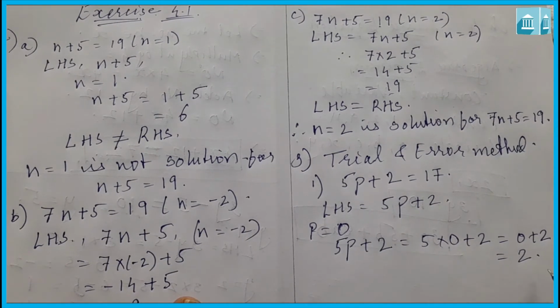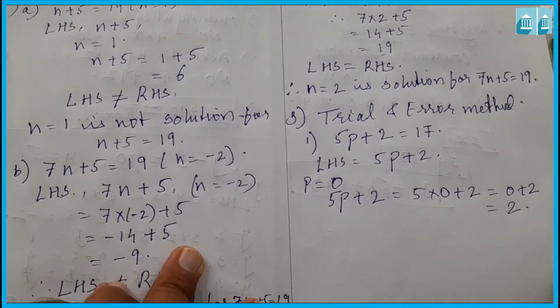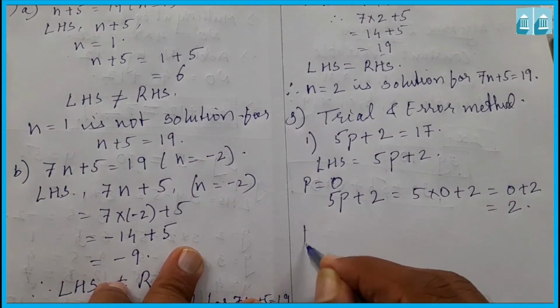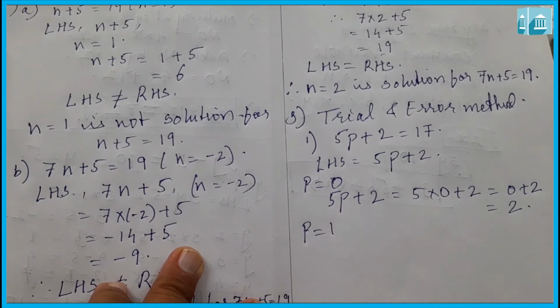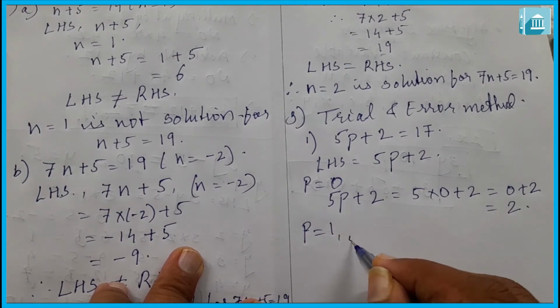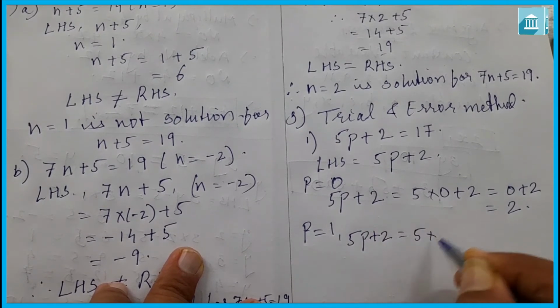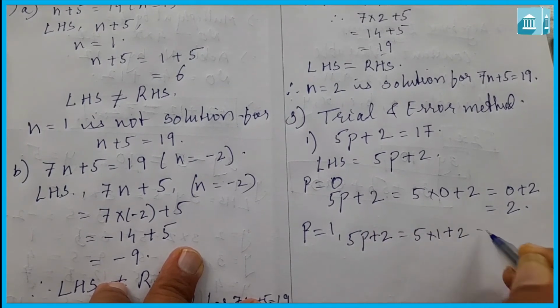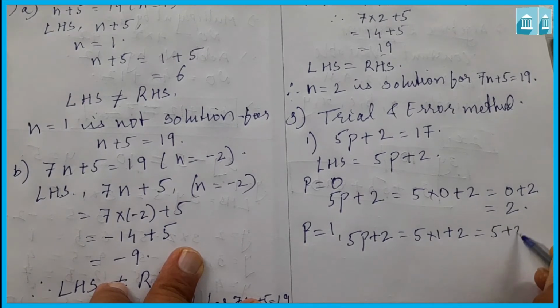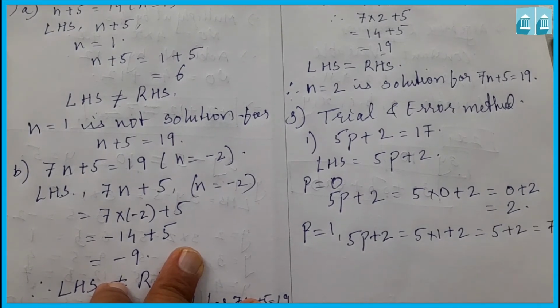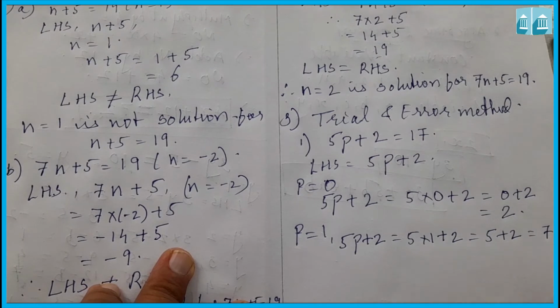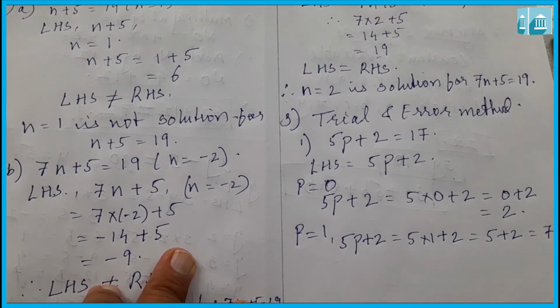So p is equal to 0 is not satisfying. Then let us see p is equal to 1. For p is equal to 1, 5p plus 2 is equal to 5 into 1 plus 2, which is 7. Again, this is also not satisfying.